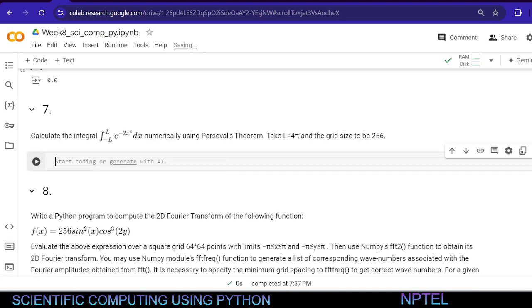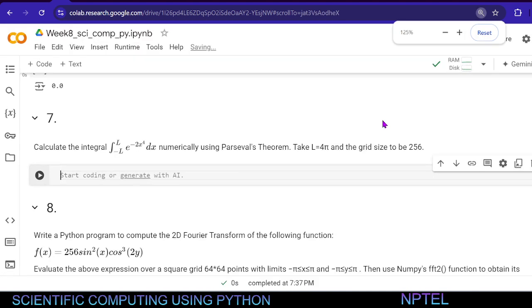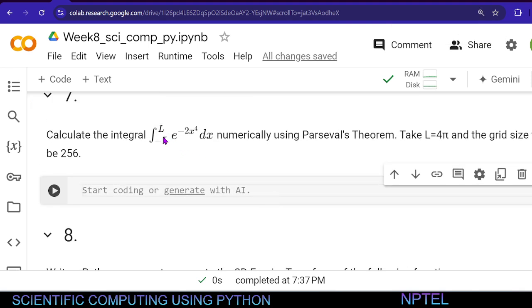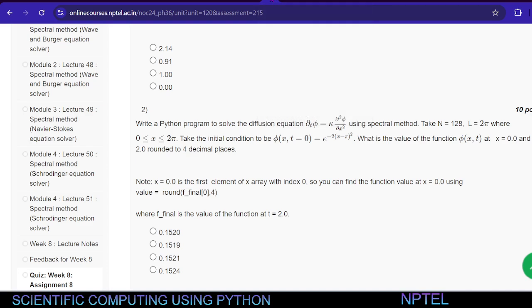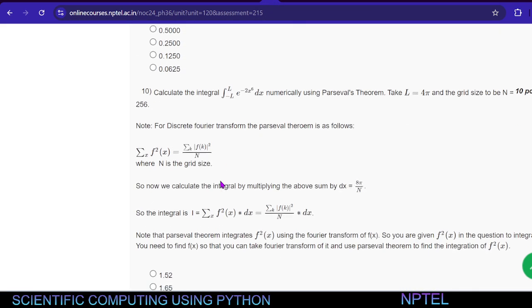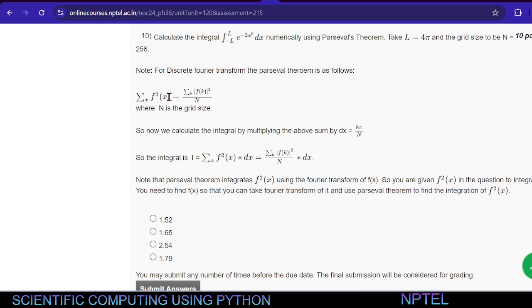Calculate the integral from minus L to L of e to the power minus 2x^4 using Parseval's theorem, and take L equal to 4 pi. So it's minus 4 pi to 4 pi and grid size to be 256. A similar question is there in your assignment, and in that the process is given, right?